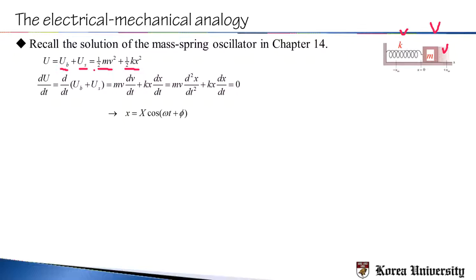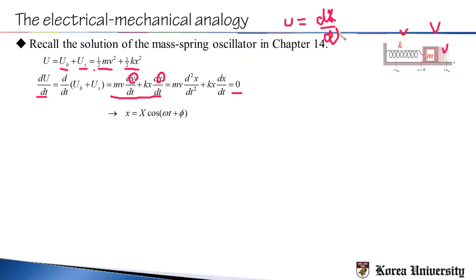Do you remember it? In this case, the total energy was again conserved, so the time derivative of the energy will again be 0. And of course, if you write down the time derivative, it's written this way. What is important is that this velocity and this position are related, such that the velocity is the time derivative of the position.